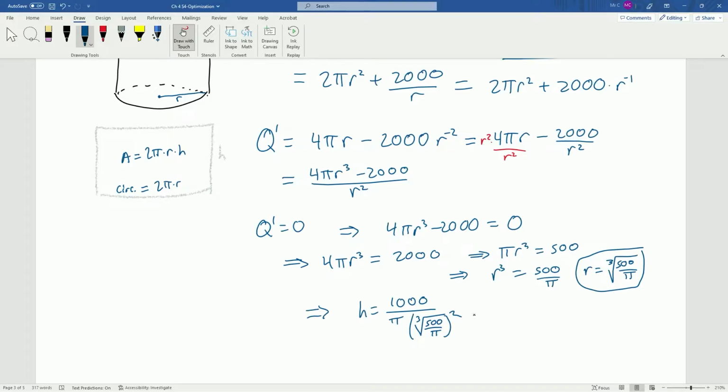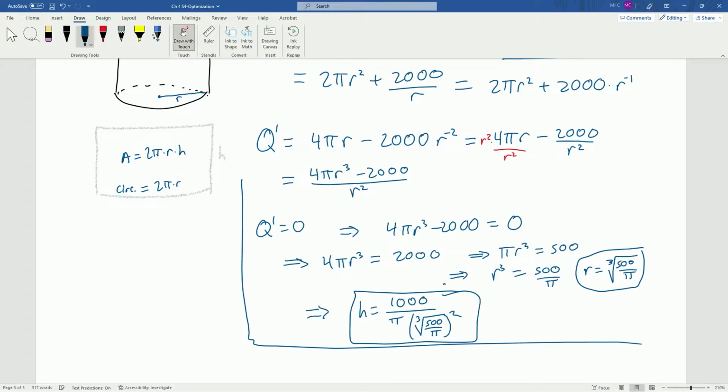Now, as for verifying that this is a minimum, you could plug this into a calculator and get an approximation. Again, I'm not going to bother doing that. That's easy, just plug into the calculator. But let's take the second derivative here. We get 4 pi plus 2,000 times 2 r to the negative third power.